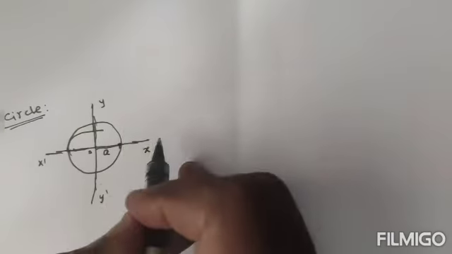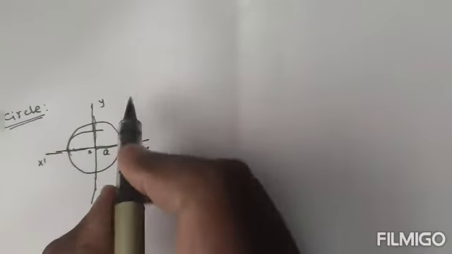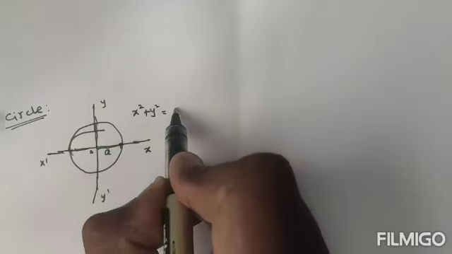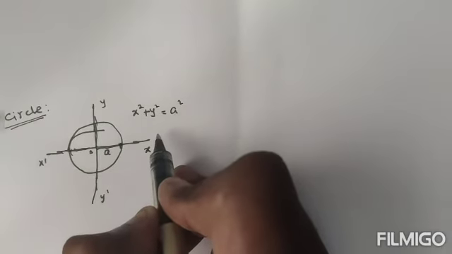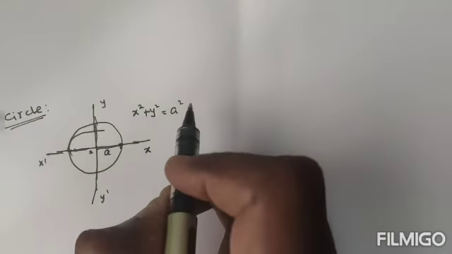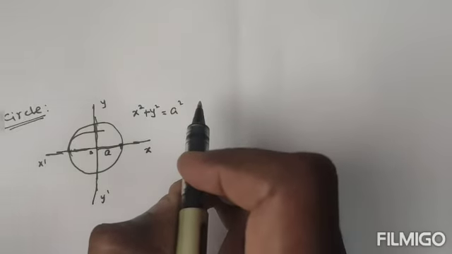So with the radius a, make one round. I can get a round like this. It is radius a, here also radius a, radius a, radius a. So this is known as a circle. This equation is x squared plus y squared equal to a squared. So this equation represents a circle.